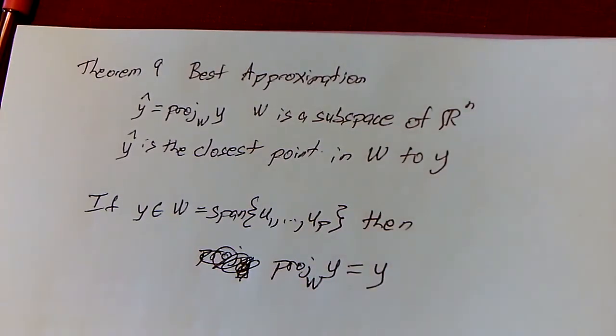Okay, because it's already in the space. So when you project it into the space, it doesn't go anywhere. Okay, it's still going to be in that space. So it didn't move. And it's got to be the closest point. So it wouldn't be anything other than just y.